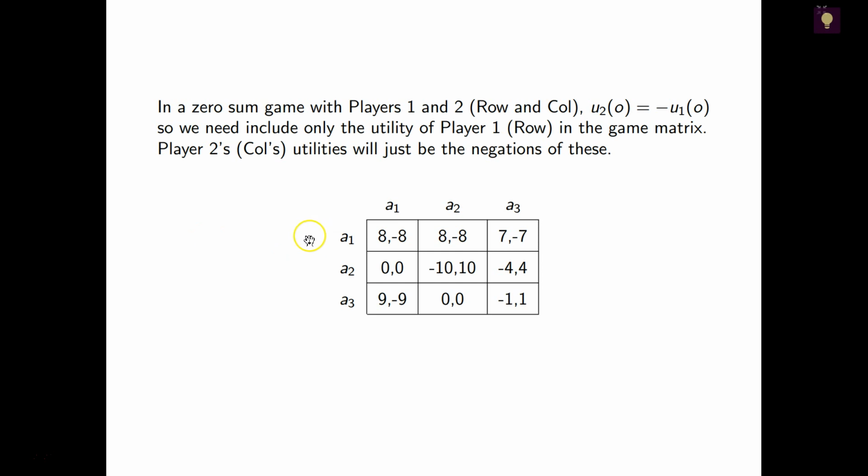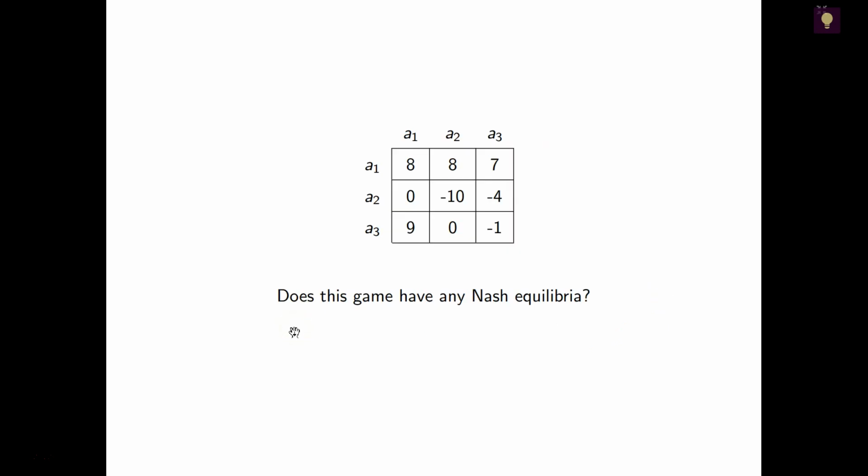All we're saying here is that when we see a game matrix that looks like this, where the outcomes for player 2 are simply the negations of the outcomes for player 1, we only need to show the outcomes for player 1, or the utilities of the outcomes for player 1.